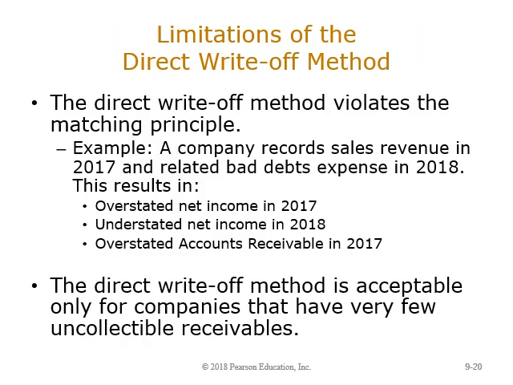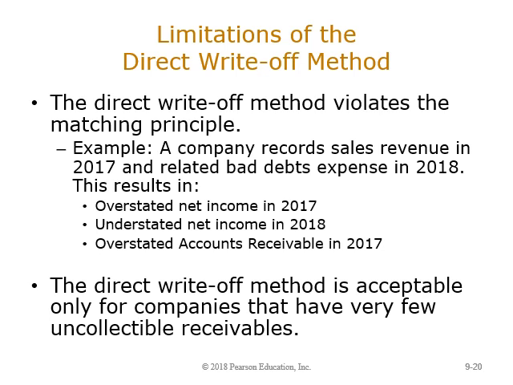So there are limitations to the direct write-off method. It violates the matching principle. So that is one of the reasons why we can't really utilize it except for in very small non-public businesses. So essentially what happens is that, let's say a company records sales revenue in 2017 and related bad debt expense in 2018.